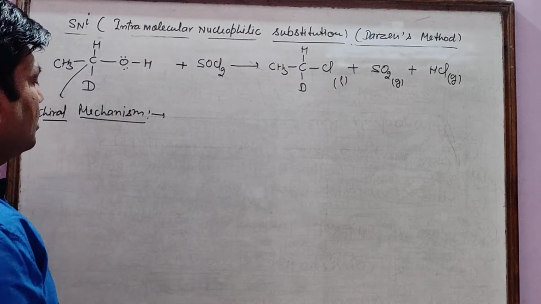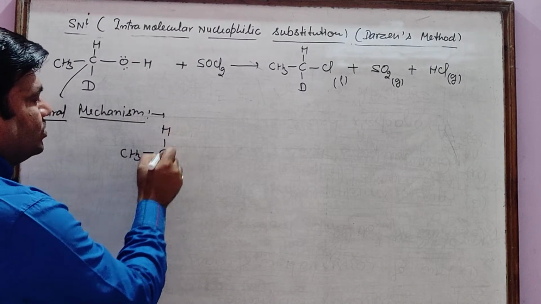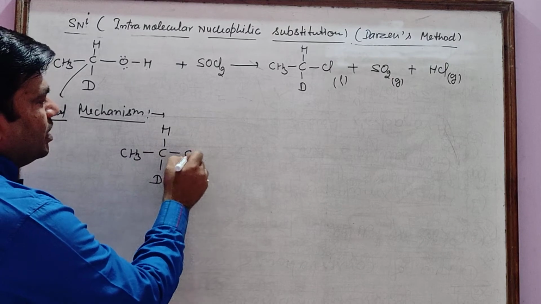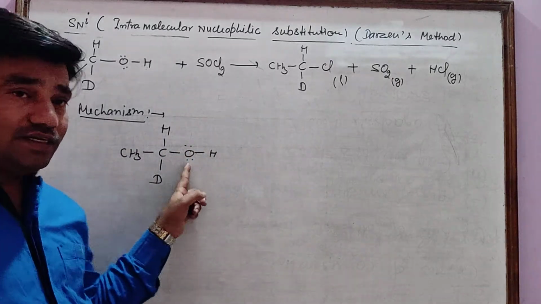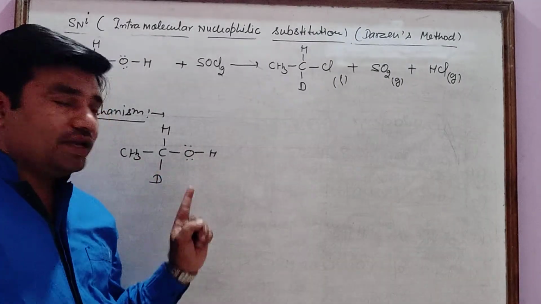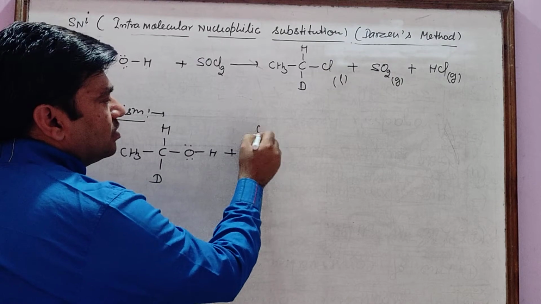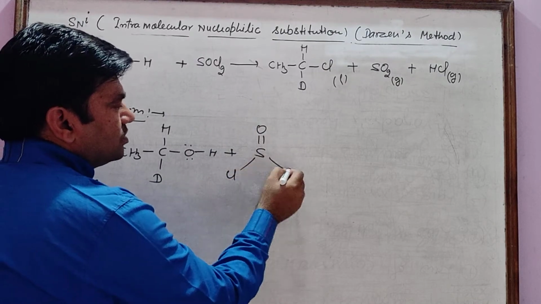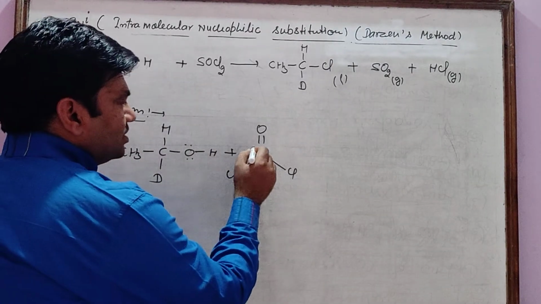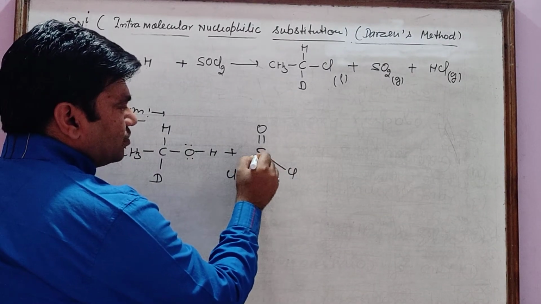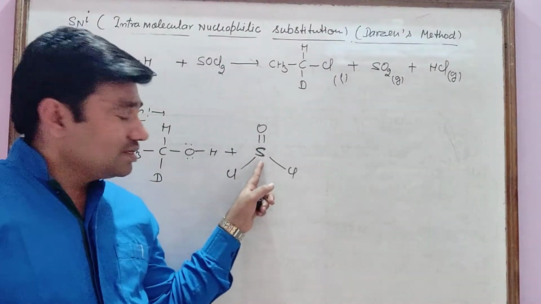Okay. Now, this alcohol, like CH3, H, and this is the deuterium and OH. Oxygen, you know very well, has two lone pairs of electrons, and when sulfur present in the thionyl chloride reacts with this, because of its electron deficiency, what would be the driving force? Here, look at this.